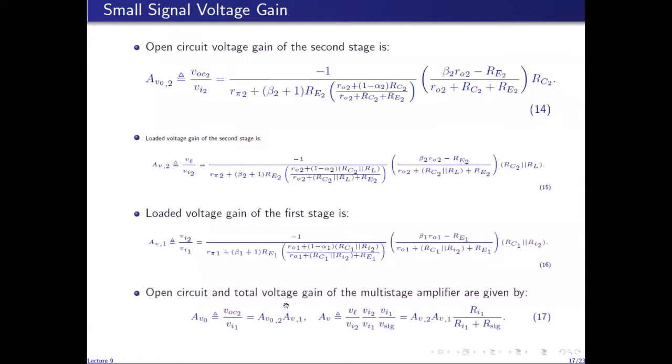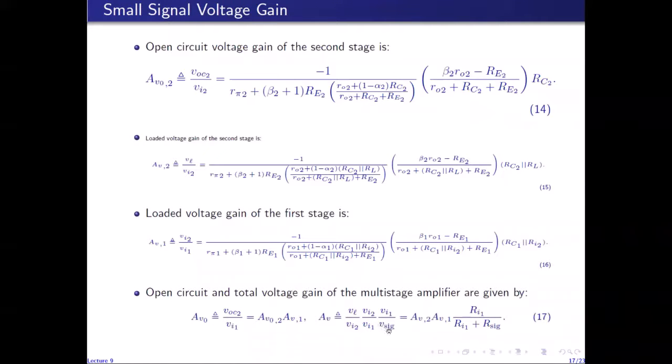And then the overall open circuit voltage gain is given by the open circuit voltage at the output divided by VI1. So VOC2 over VI1 is VOC2 over VI2 times VI2 over VI1. So it is the product of this gain and this gain. And the overall voltage gain of the multi-stage amplifier is given by connecting the load back in. So it is VL over V sig.